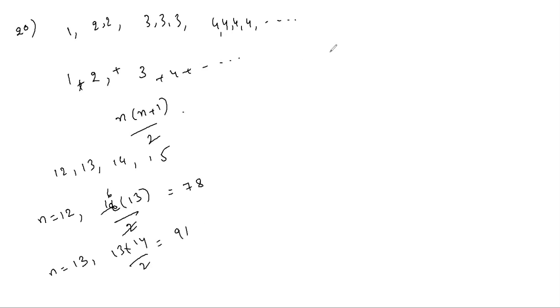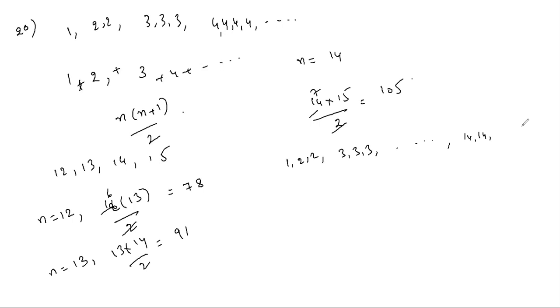Next, if you take n equals 14, 14 into 15 by 2 is 7 times 15, so it equals 105. So 105 terms you will get in 1, 2, 2, 3, 3, 3 and so on, where 14 occurs 14 times. So the 100th term is also 14 only.